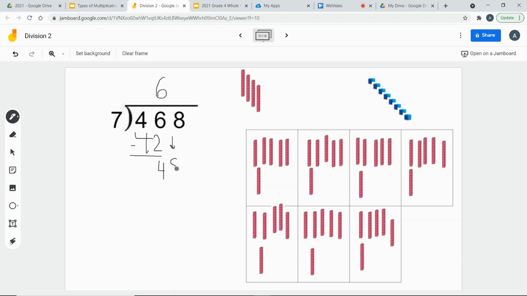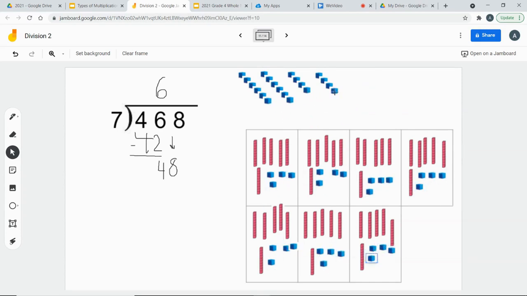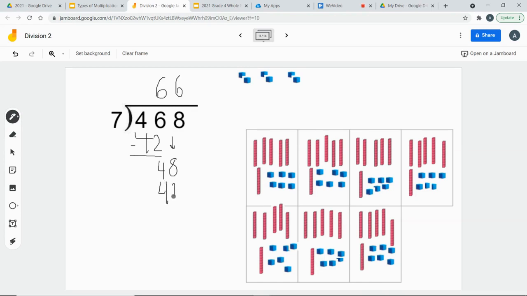Bring down that 8 because I have 48, but I can't do anything with these tens anymore. I need to regroup to have 48 ones. Now I have 48 ones to divide into 7 groups. I can put 6 ones in each group. 6 times 7 again is 42, and I have 6 ones left over.